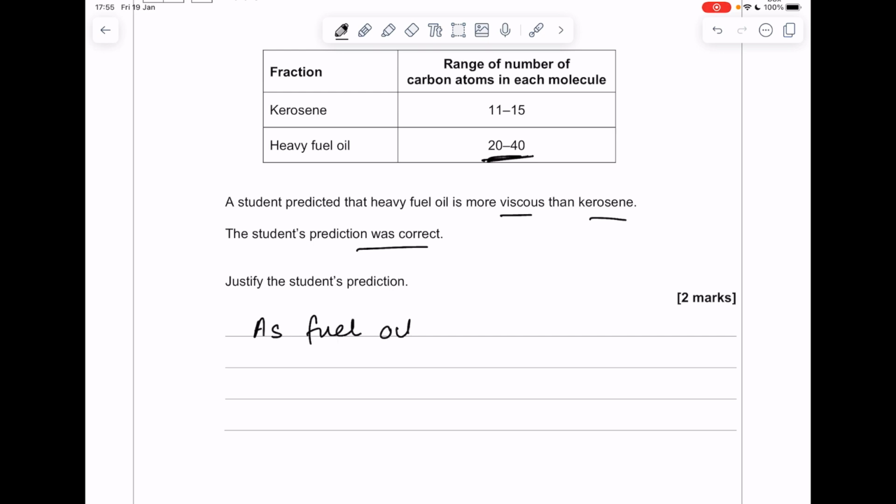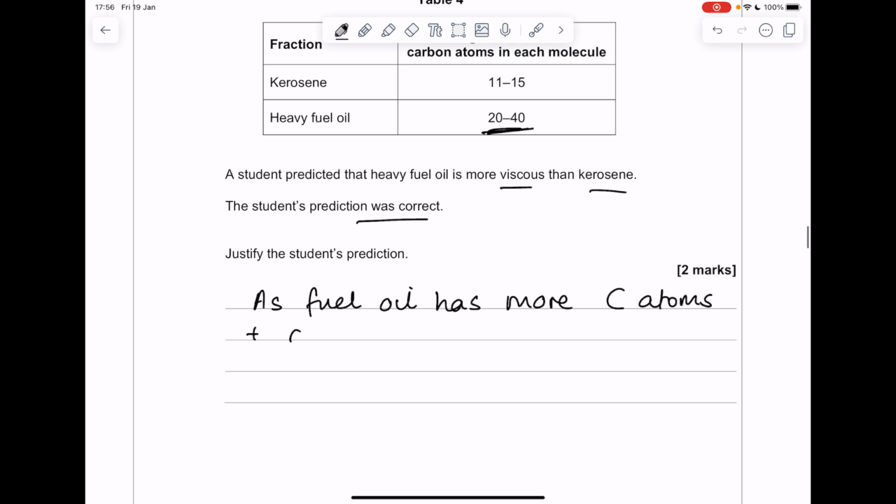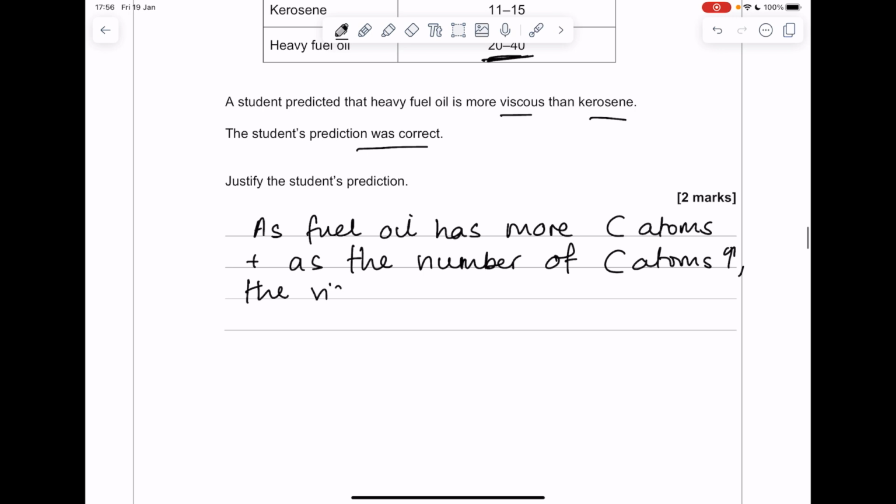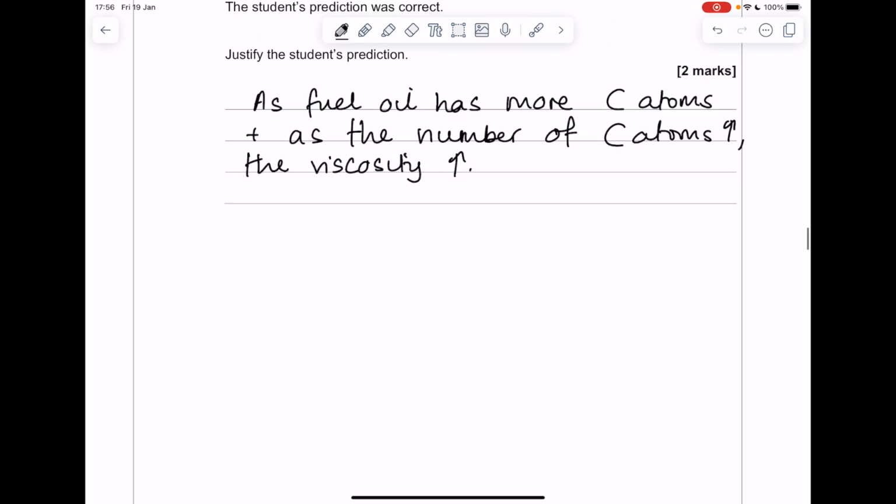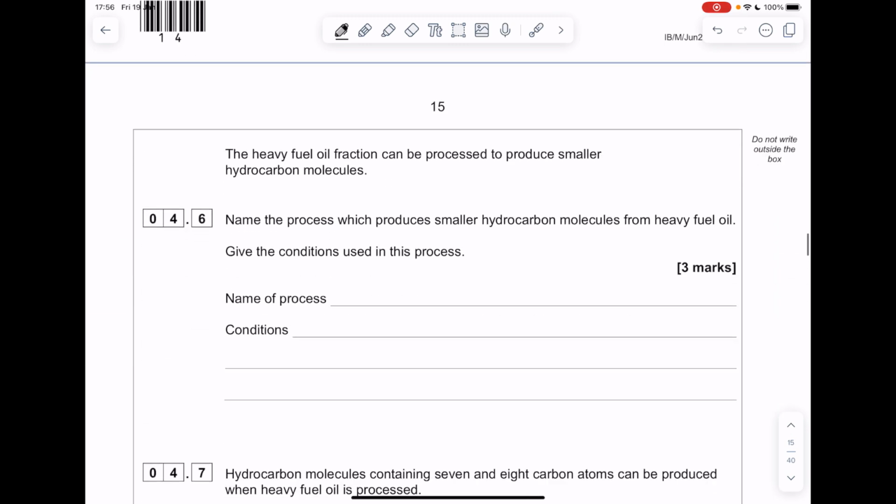So as fuel oil has more carbon atoms, and as the number of carbon atoms increases, the viscosity increases. Remember, viscosity is how thick a substance is. Honey is very viscous, water is not viscous.